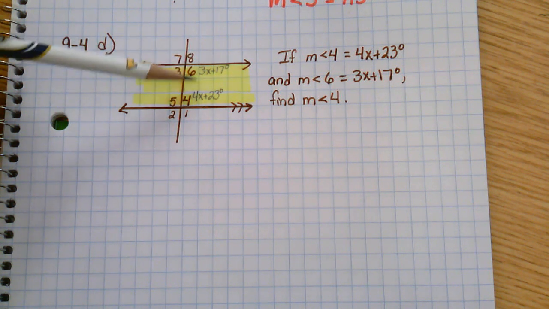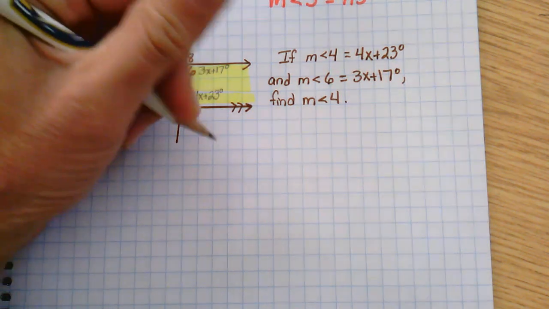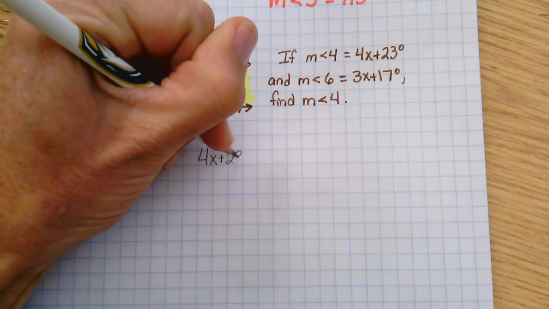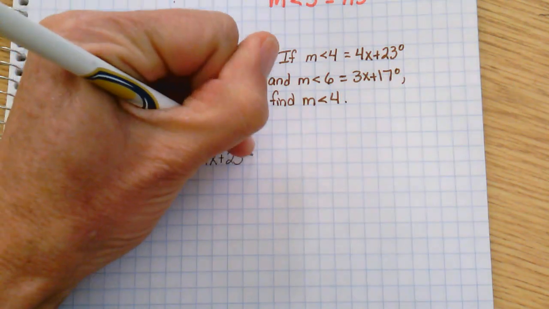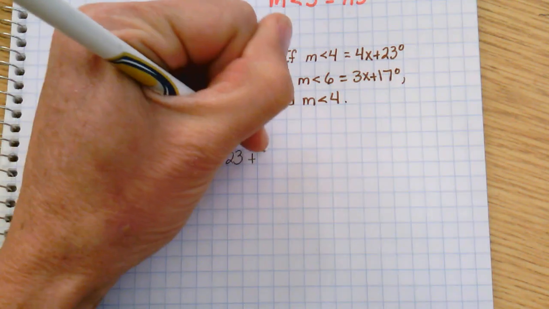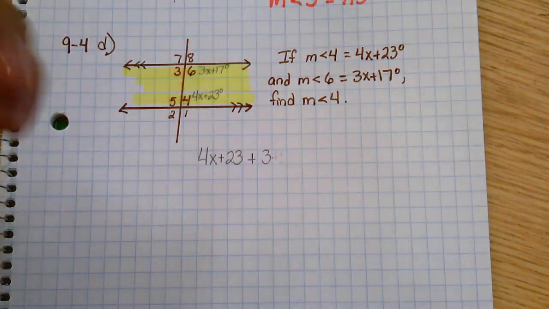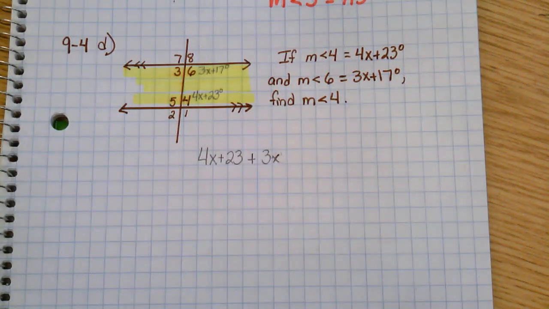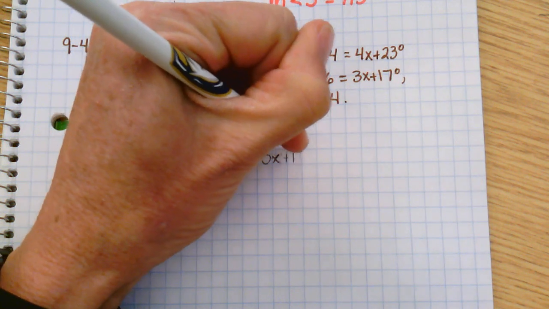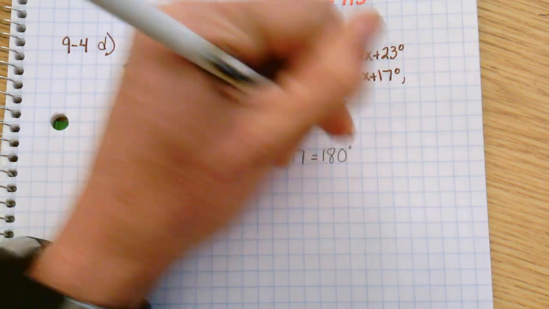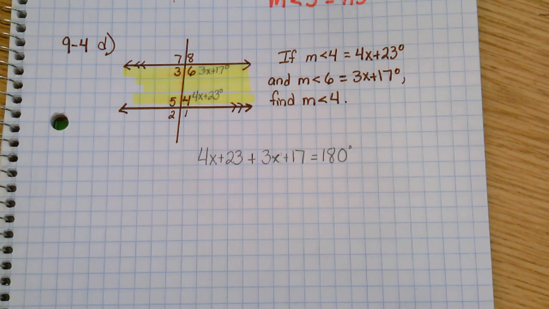So that guides me in setting up my equation, which will be 4x plus 23 degrees plus 3x plus 17 degrees will equal 180 degrees. So now I'm going to solve this equation using the steps that we've used all throughout this year.